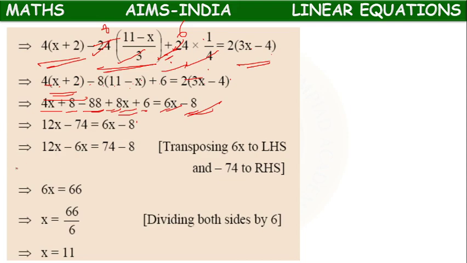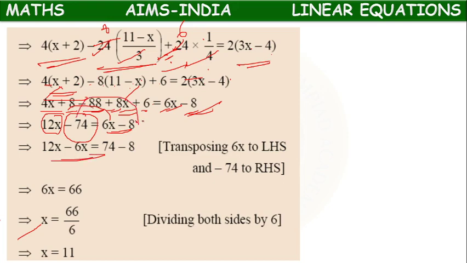Now they have simplified further. So 4x plus 8x is 12x, plus 8 minus 88 plus 6 equals minus 74, 6x minus 8. Now 6x taken to that side becomes minus 6x.